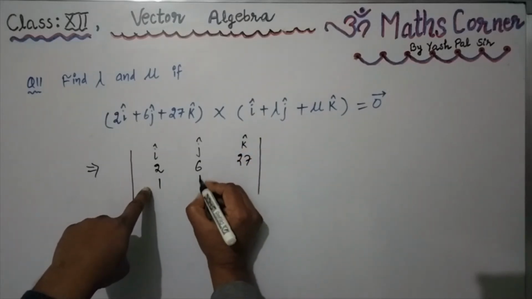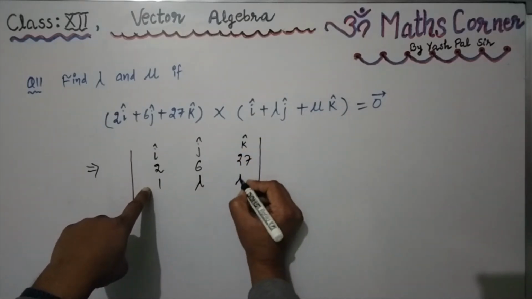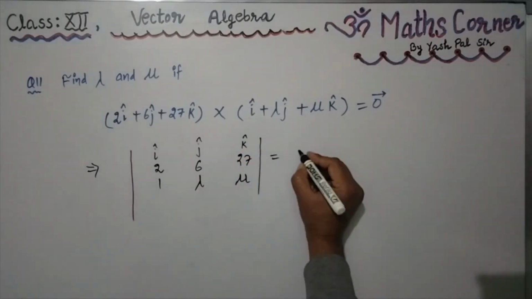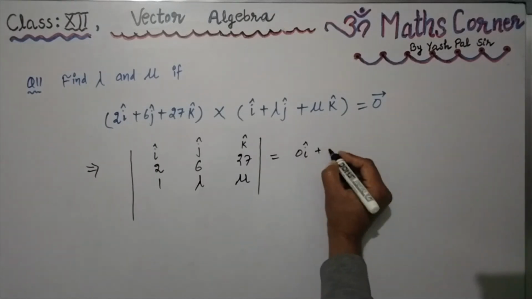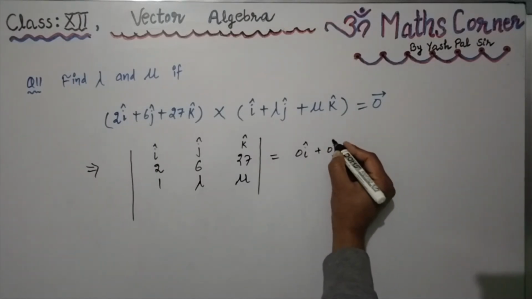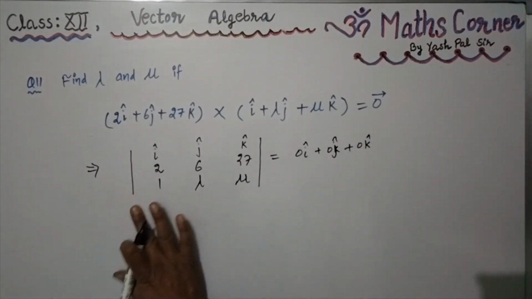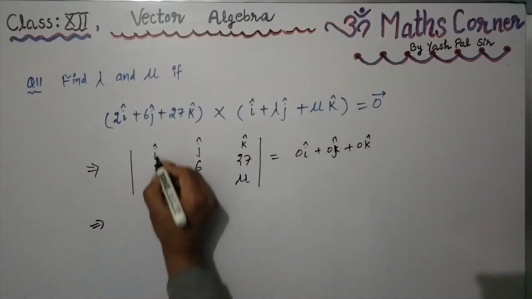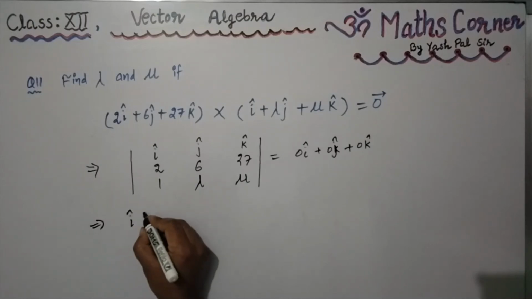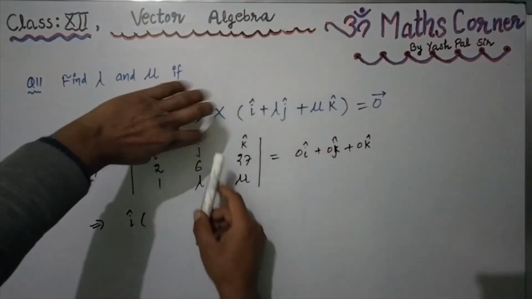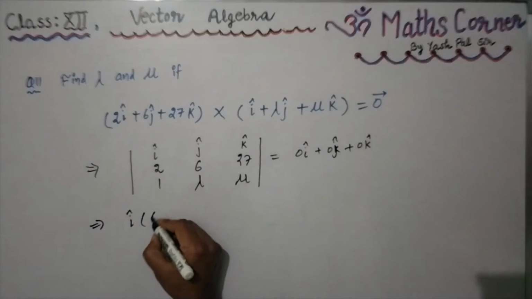Coefficient of i is 2, coefficient of j is 6, coefficient of k is 27. Here the coefficient of i is 1, j coefficient is lambda, k coefficient is mu. The zero vector means 0i plus 0j plus 0k. Okay, now we solve this.